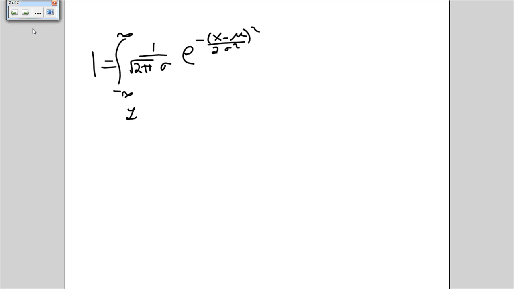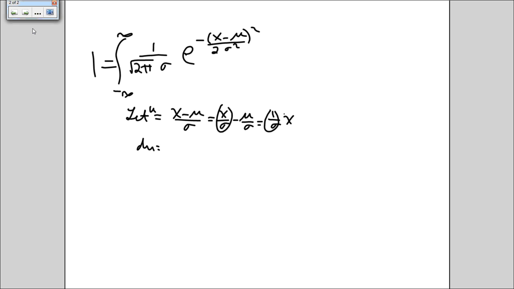Well, first, I'm going to let u equal (x minus mu) over sigma. So then du, and just keep in mind this is x over sigma minus mu over sigma, and dividing by sigma is the same as multiplying by 1 over sigma.